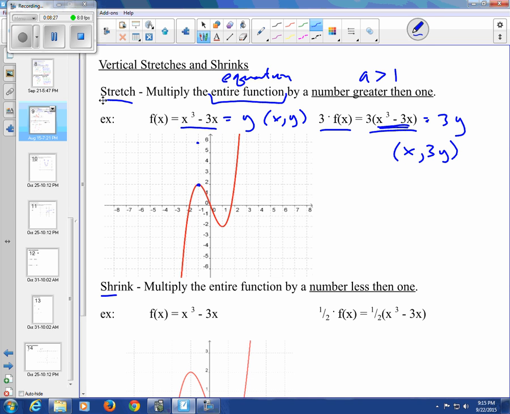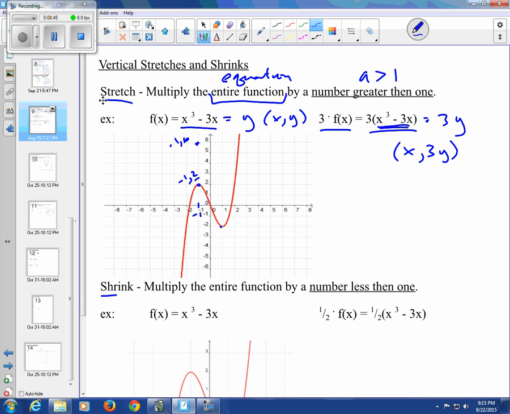Right here we've got the ordered pair (-1, 2), right? That ordered pair is happening at the same point on the x-axis, -1. But now that y value has been multiplied by 3, so we get (-1, 6) as that local max.